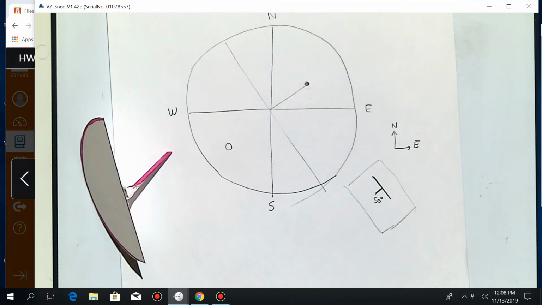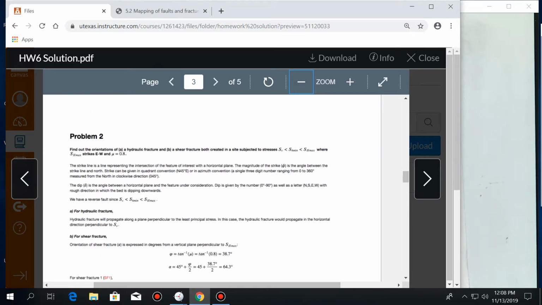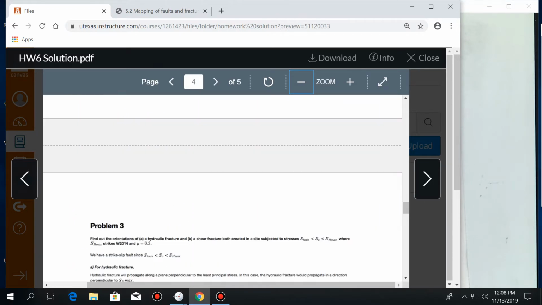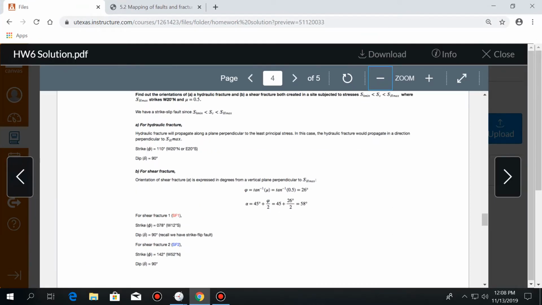Okay, so then the next part, problem number 2 and number 3, they are very similar, and they ask you for ideal orientations of shear fractures and a hydraulic fracture.